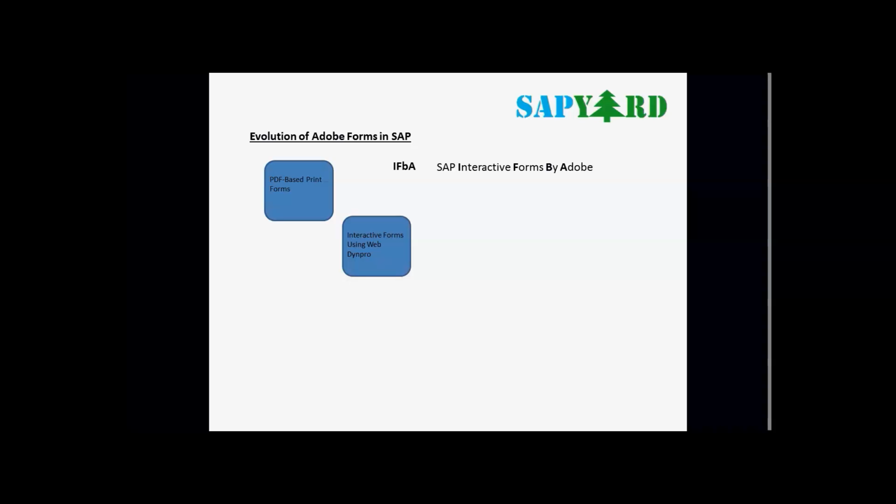With WebDynPro components, SAP introduced a new UI element called Form element, and then they gave an option to the developer to integrate the Adobe Forms, and also gave an option to the end user to put in some input data by themselves by interacting with the PDF forms. So at that moment, interactive forms came into the picture.